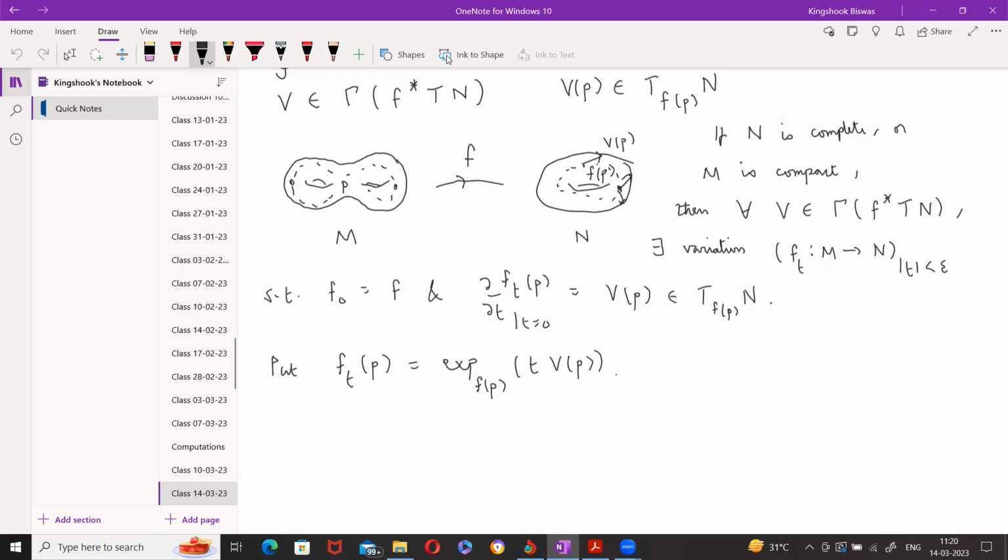Okay. So now if V is a section of F star TN, then nabla V will be a section of what? Nabla V will be a section of T star M tensor F star TN, right?